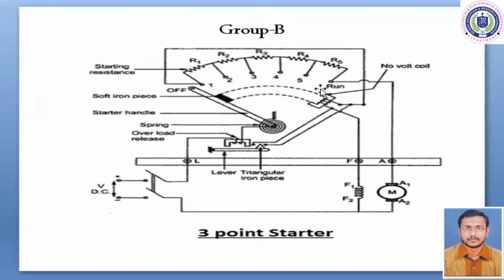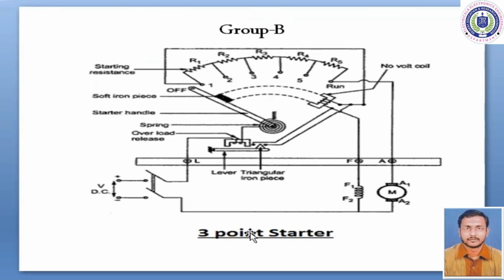At that time, it will be de-energized and the handle or the arm is automatically pushed back to its off position. So this 3-point starter cannot be applied for the field flux control method. And this drawback is overcome by the 4-point starter.